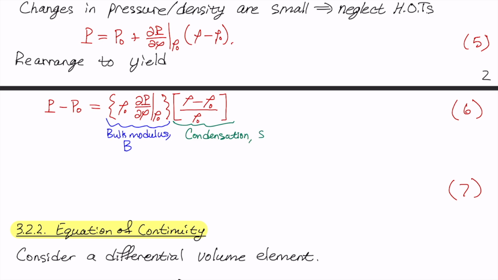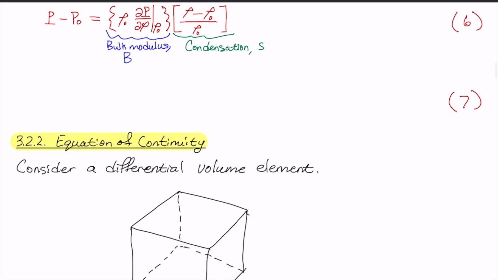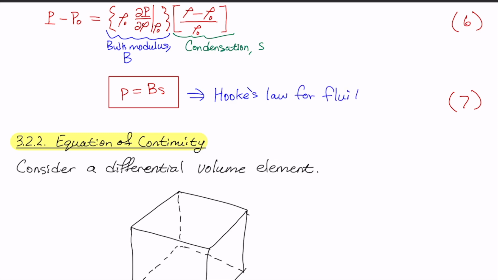And we'll represent it using the letter S. And so then we can write that the acoustic pressure, small p, is equal to the bulk modulus B multiplied by the condensation S. And equation 7 here, this is the equivalent of Hooke's law, but for a fluid. So this is Hooke's law for fluids.